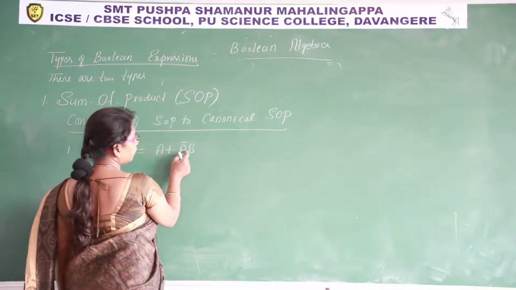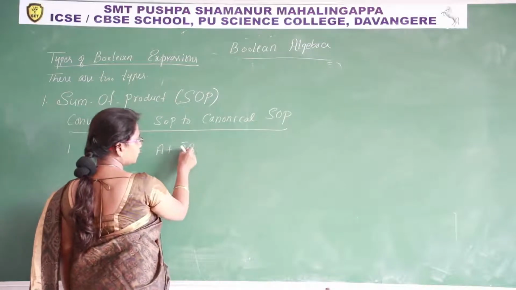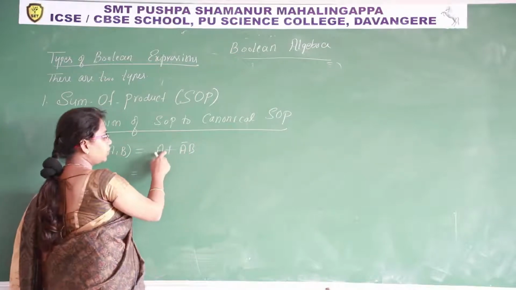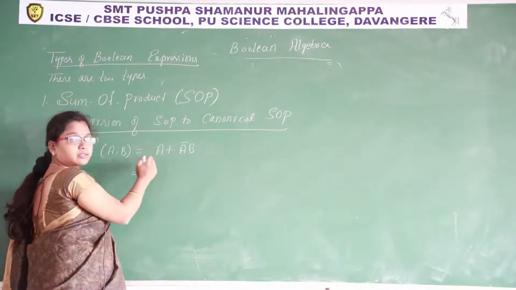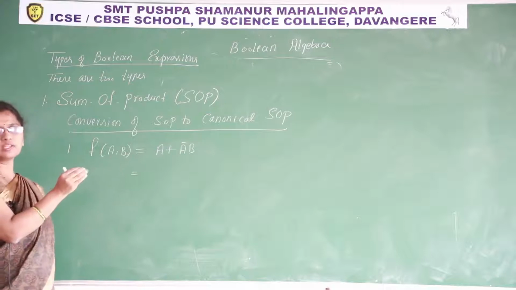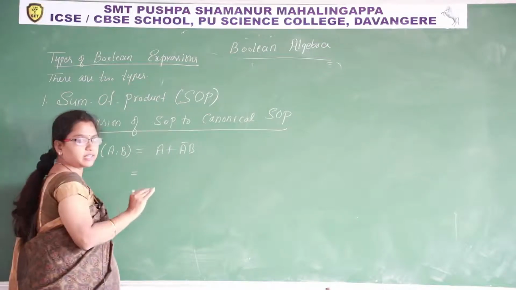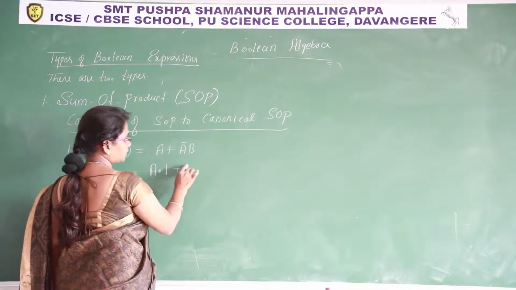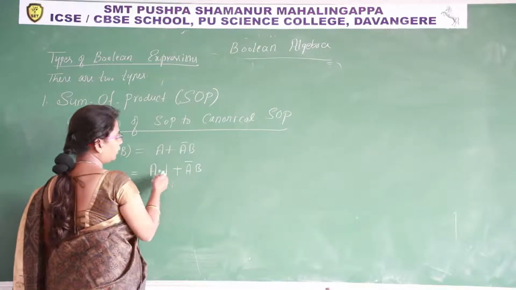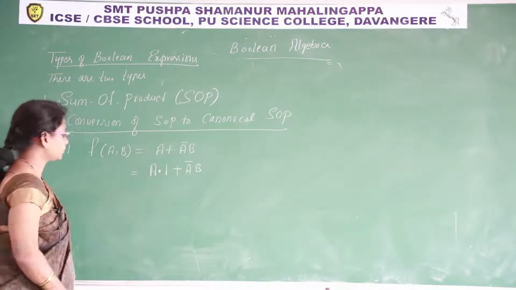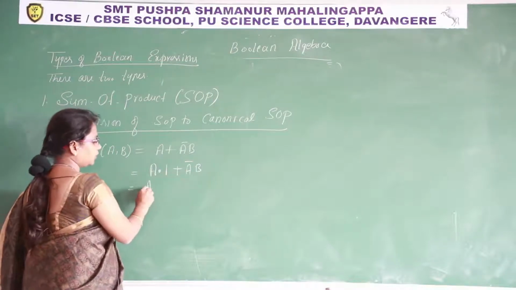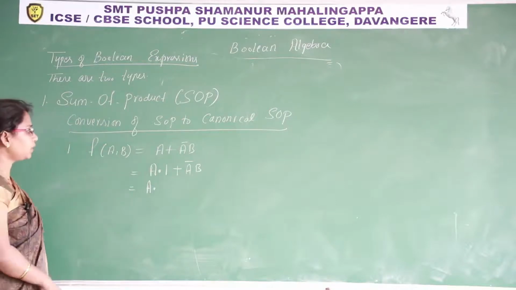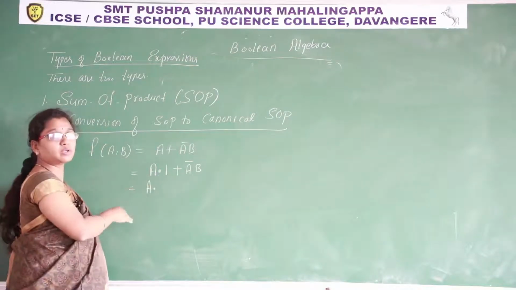Here a dot b, the operation is logical multiplication. Here also I must multiply, but by which value so that the expression isn't affected? I can write it like this: a dot 1 plus a bar b. A dot 1 is nothing but a itself. I have to replace 1 with the missing variable.